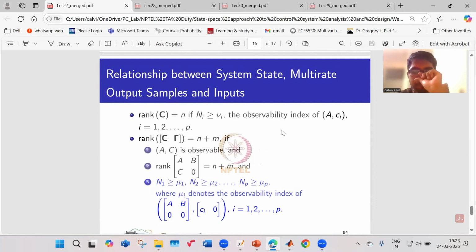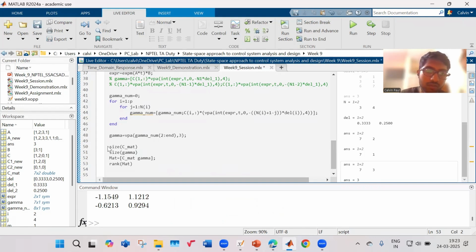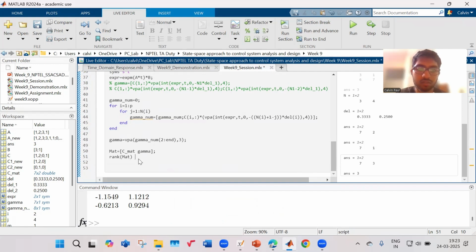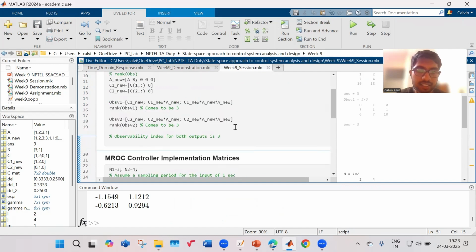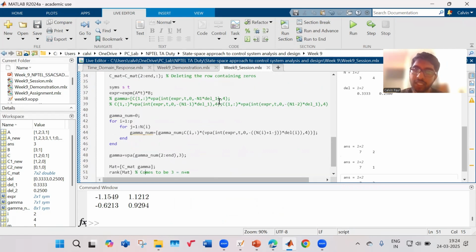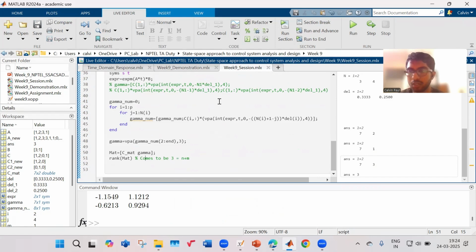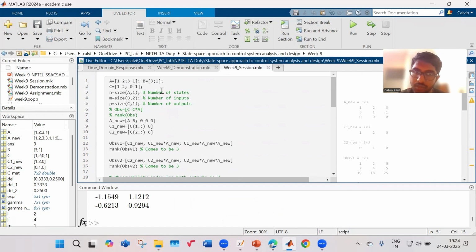It will be n plus n. N is the number of inputs, P is the number of outputs. Okay, so what we have shown is, instead of going through all this pain to find out whether it can be controlled by the multi-rate output controller, what we can do is find out whether the system is observable, right?